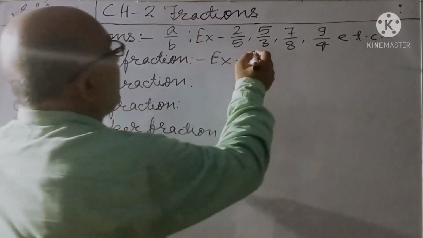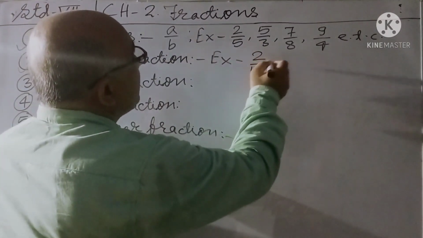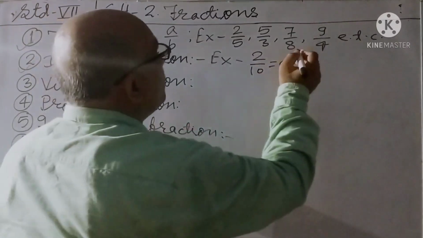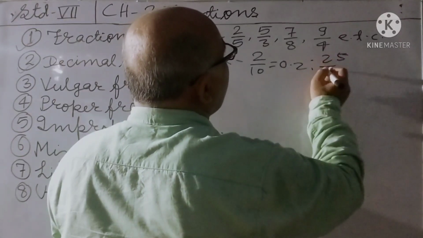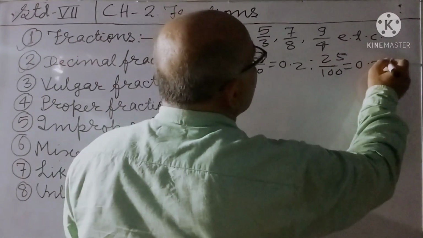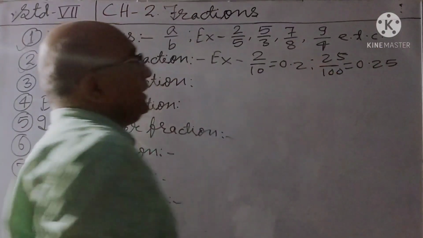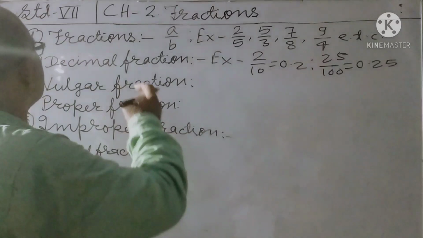Example of decimal fraction: 2 by 10 equal to 0.2. Next, 25 by 100 equal to 0.25, etc. These are examples of decimal fractions.